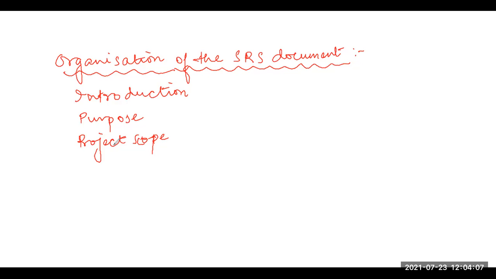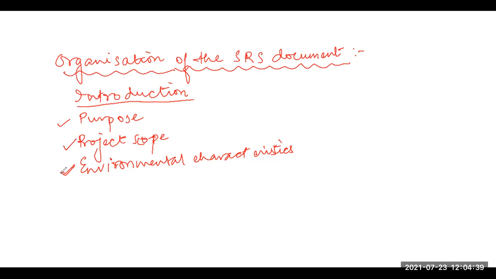Then there are environmental characteristics, the hardware and software environment with which the software will work. So the introduction part has purpose, project scope, and environmental characteristics.